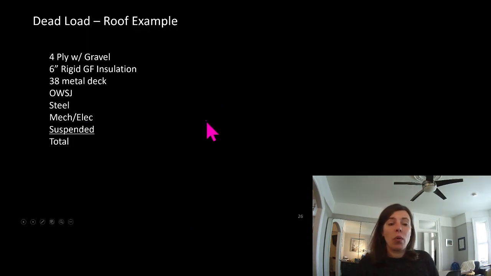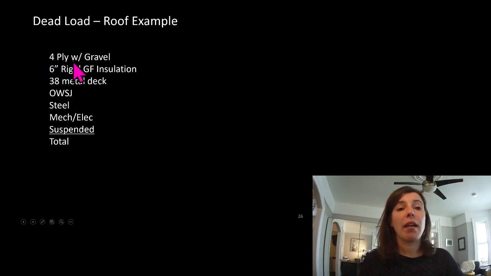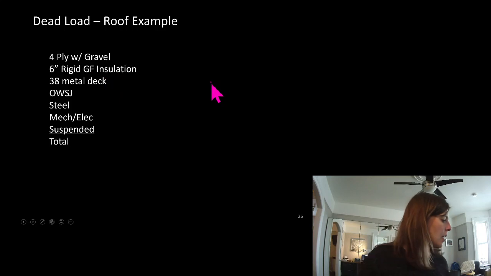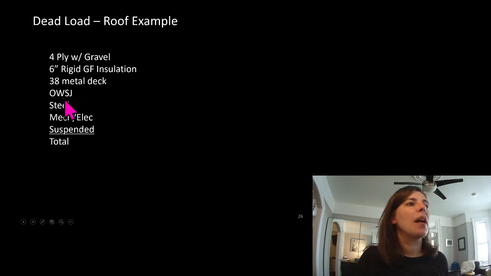We want to know what the dead load of a roof assembly is. They've told us that we have 4-ply roofing with gravel, 6 inches of rigid glass fiber insulation, 38 metal deck, open web steel joists, the structural steel, mechanical, electrical, and a suspended ceiling.